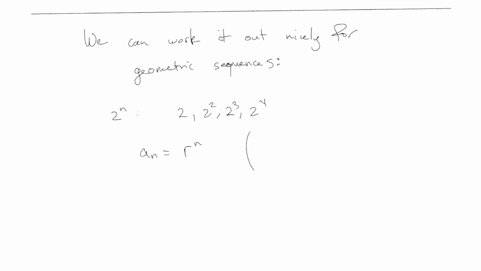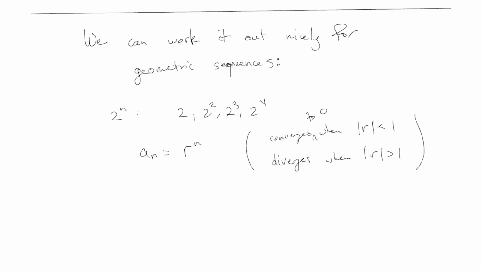Remember from last time, it converges when the absolute value of r is less than 1, and it diverges when the absolute value of r is greater than 1, right? In fact, it converges to 0 when the absolute value of r is less than 1, and it diverges when it's greater than 1.